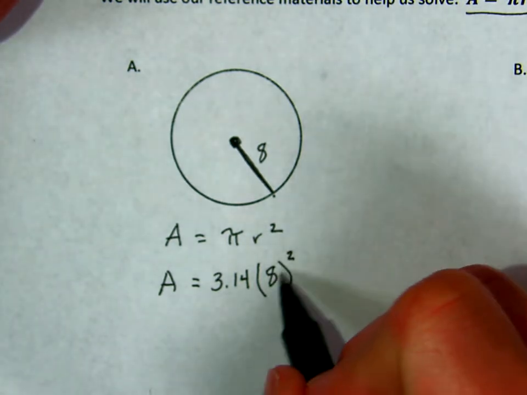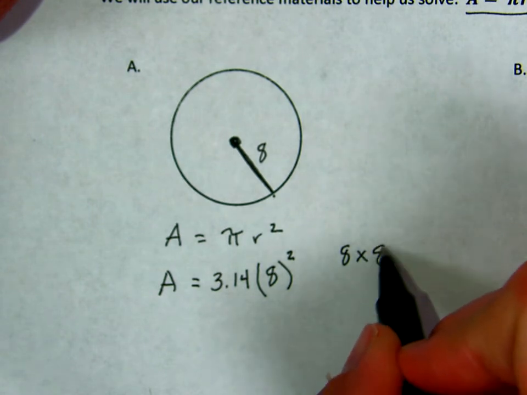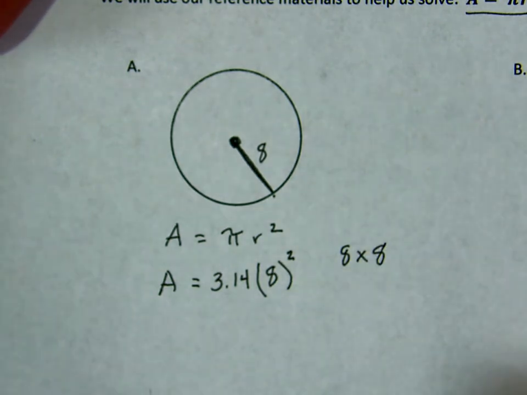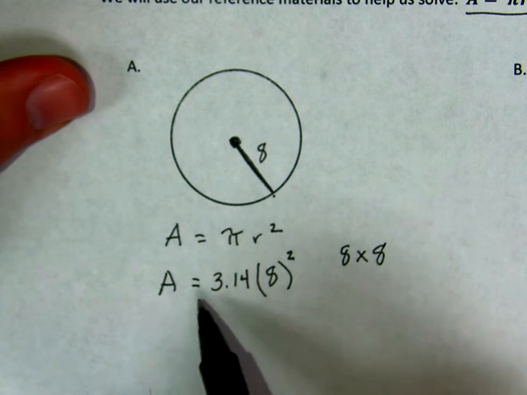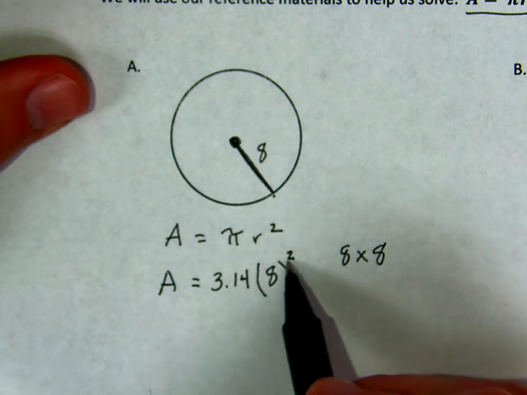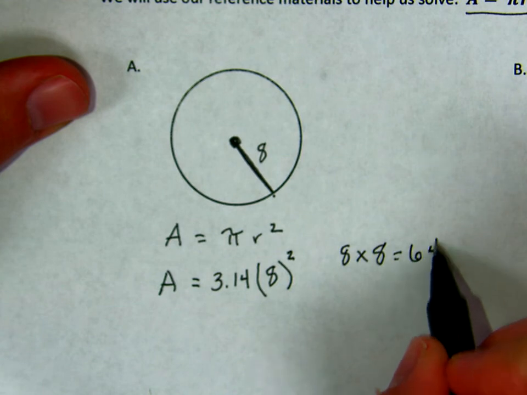So instead of writing this, we can write it out as 8 times 8. Everybody got that? 8 times 8. Now we want to simplify this problem. We've got area equals 3.14 times 8 squared. I've already written this out. That will give us 64.